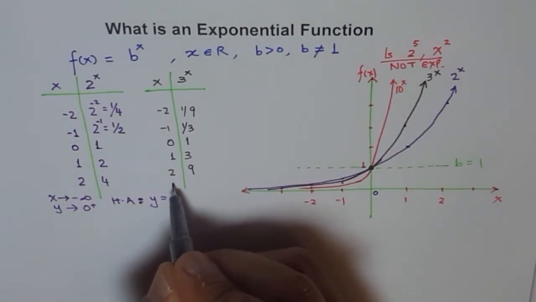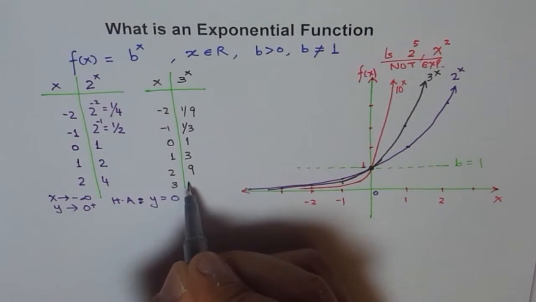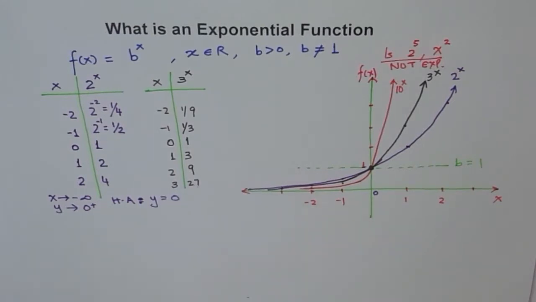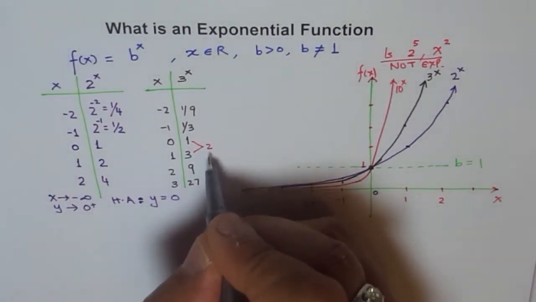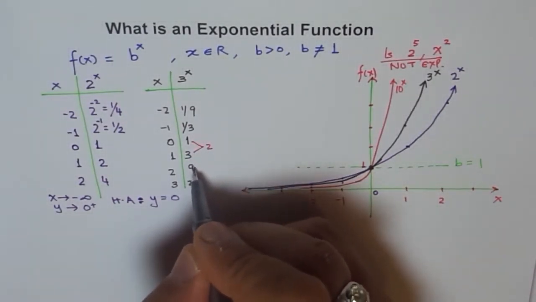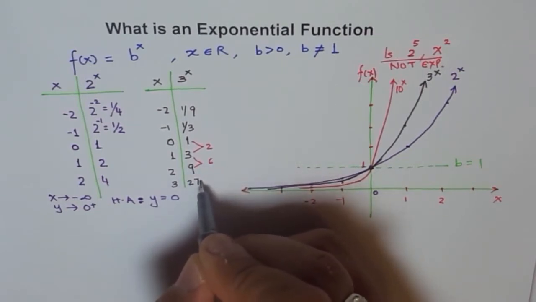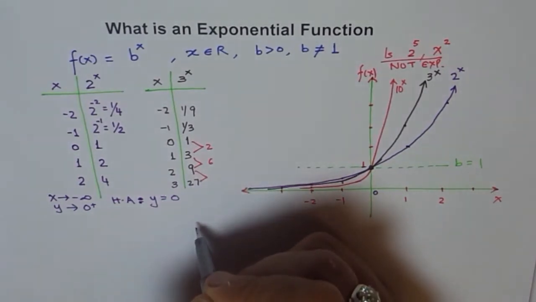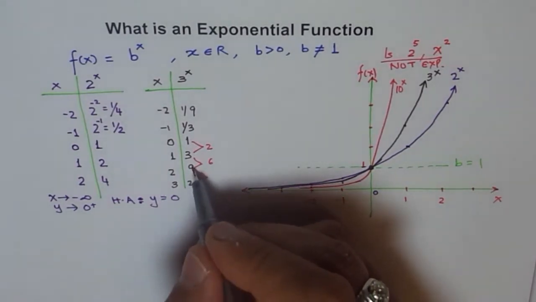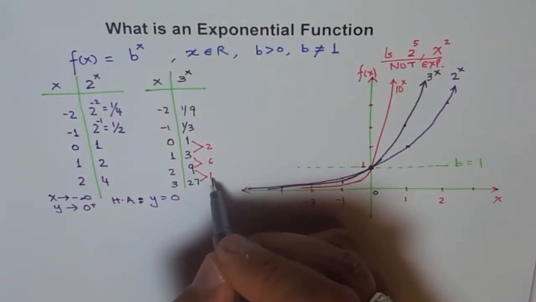Let me write one more value and show it to you. Let's say we have 3 here. Then 3 to the power of 3 will be 27, correct? Now if I find the first difference here, 3 minus 1 is 2, right? And how about 9 minus 3? 6. And how about 27 minus 9? 18.